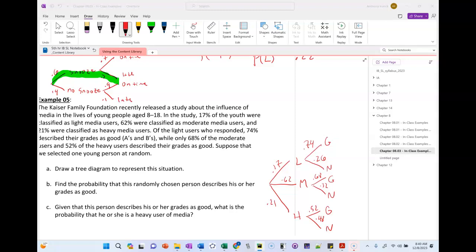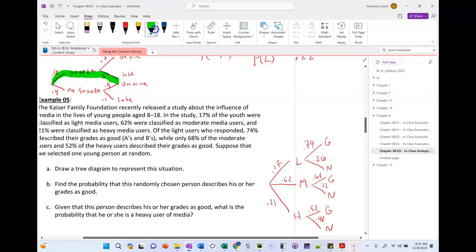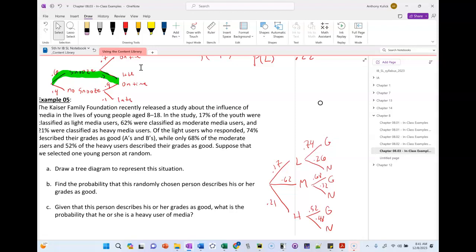Zach, part B. Find the probability that this randomly chosen person describes his or her grades as good. So you're going to be using the tree diagram. How many paths get us to a G at the end?